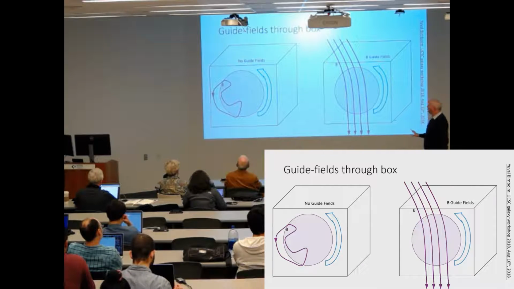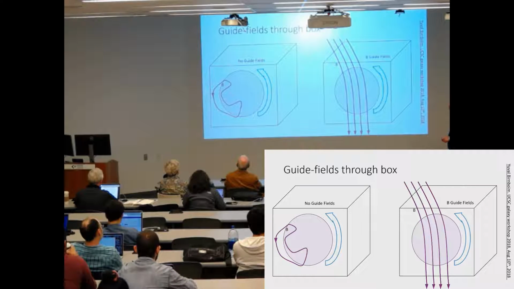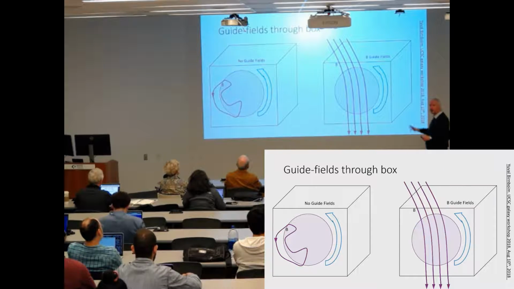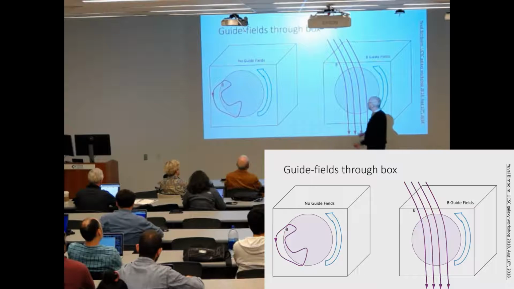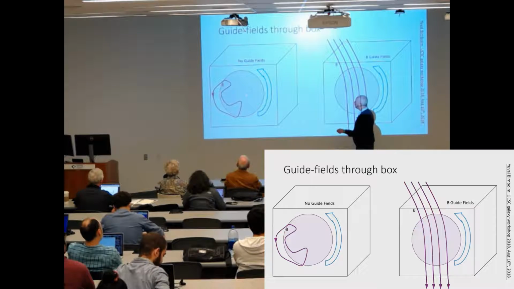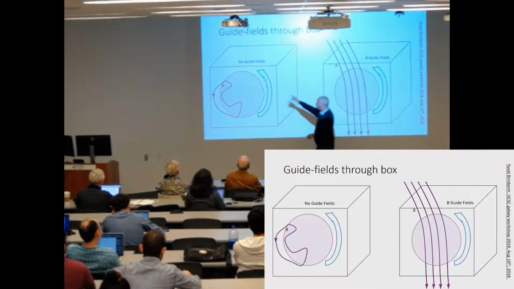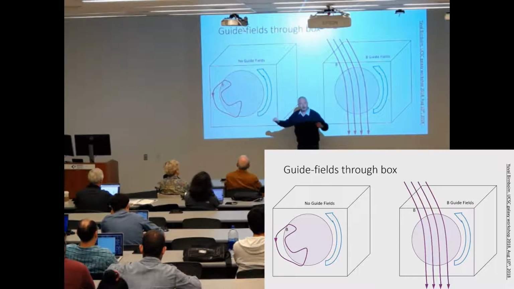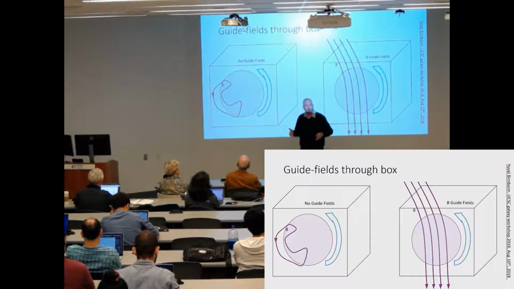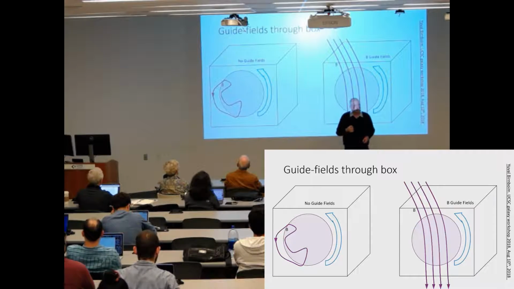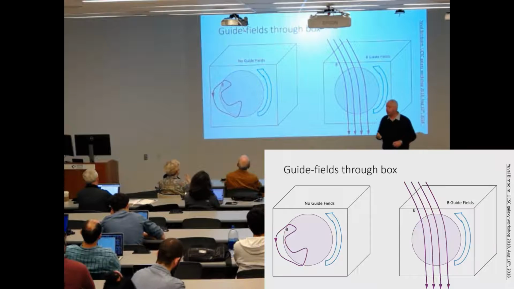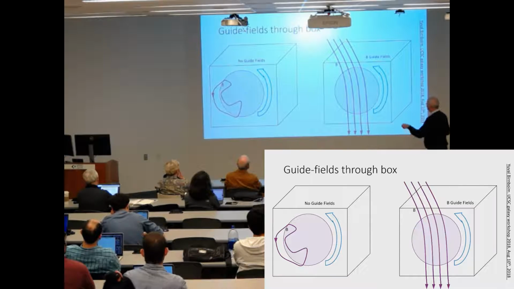Another choice we have to make is if we want to use guide fields or not. The typical case that I showed you doesn't use guide fields, and basically the winding up is just because of stretching and pulling along magnetic fields within the box. But for the giant molecular clouds, it's probably a better approximation to assume that there is a guide field.